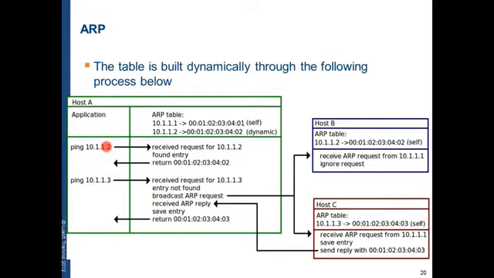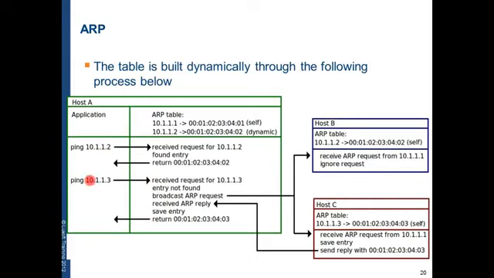The application constructs the packet, and it will be sent to the correspondent MAC, and the correspondent port will be taken by this MAC from the MAC table. Then the packet is sent to host B. Host B will learn the MAC of host A and will respond to the ping request.